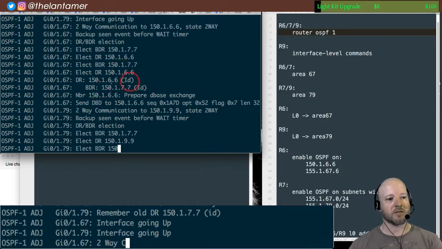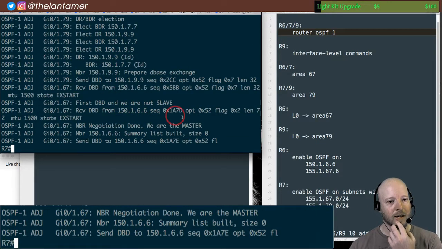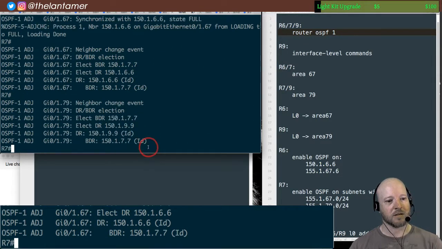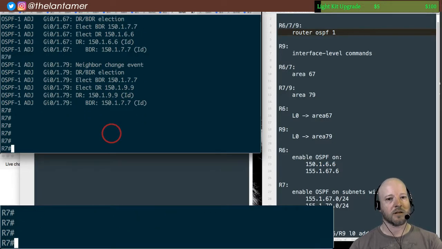Now we got this. I think we're running debug here. Synchronized. Look at that. We see the election, neighbor change event. Now, the designated router ID is still 150.1.9.9. Interesting.